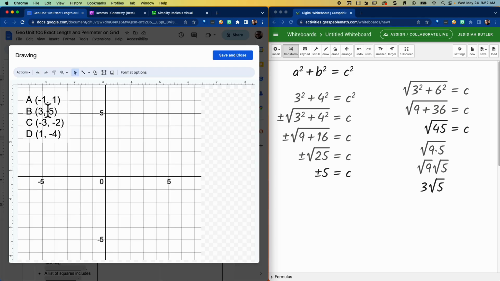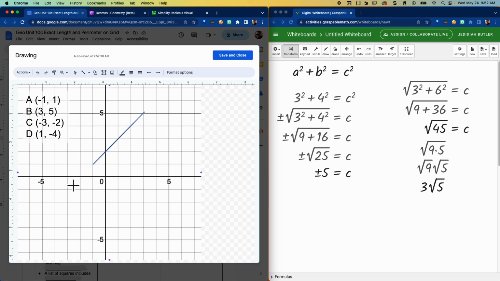All right, so now let's plot some points and find their distances. So I'm going to edit this, and it says that I have a line from -1 to 1. So I'm going to do -1, 1 to 3, 5 for AB. So -1, 1 goes to 3, 5. There we go.